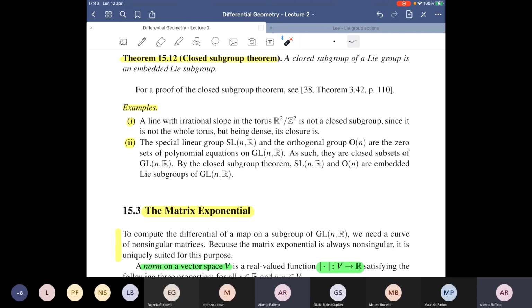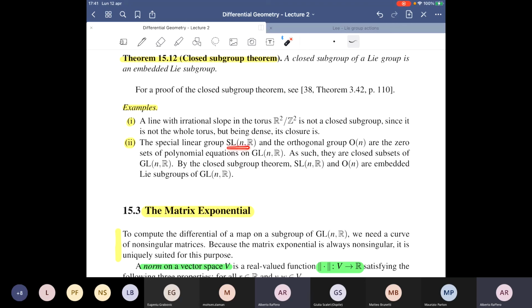On the other hand, the special linear group and the orthogonal group, you can describe them as zero sets of polynomial equations on the general linear group. Being the zero sets of polynomial equations, they are closed subsets of GL_n. And this is because, again, polynomial equations are continuous, and the preimages of closed sets under continuous functions are closed subsets.